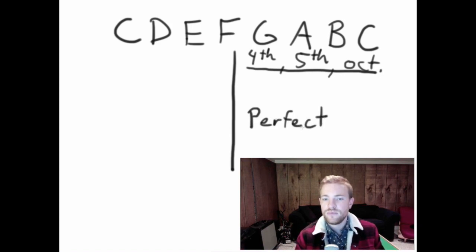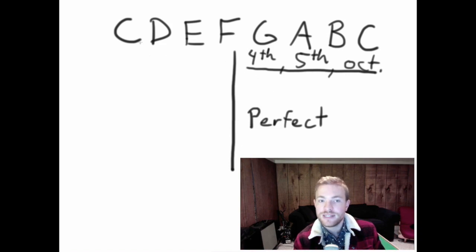Okay? And I'm leaving space on either side of this perfect for reasons that you'll see in just a second. So they called the intervals, the fourth, the fifth, and the octave that are contained within the C major scale, those were defined as the perfect fourth, the perfect fifth, and the perfect octave, right?